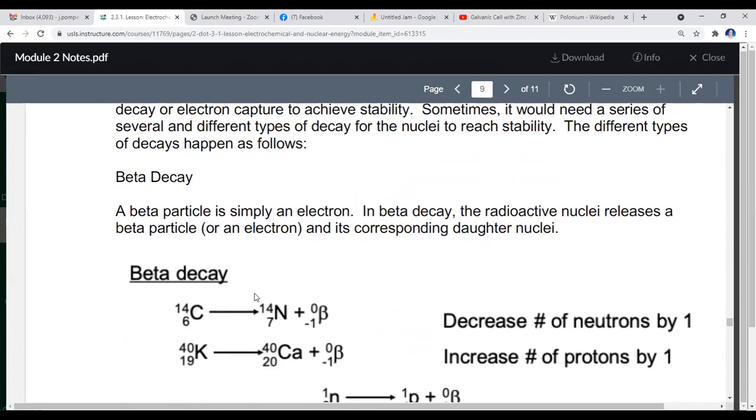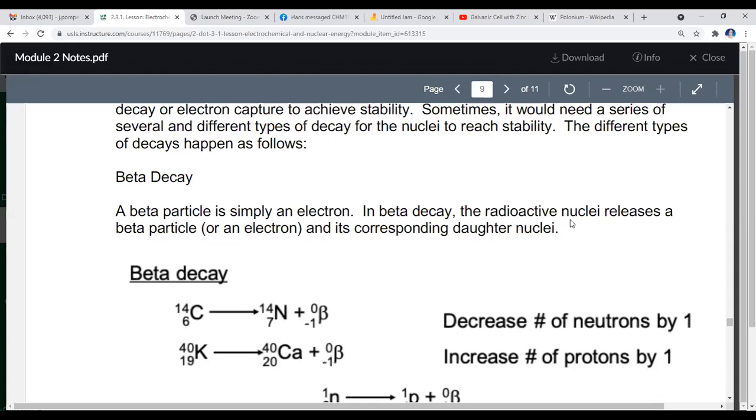Now, beta decay. A beta particle is simply an electron, as stated already a while ago. In beta decay, the radioactive nuclei releases a beta particle or an electron and its corresponding daughter nuclei.